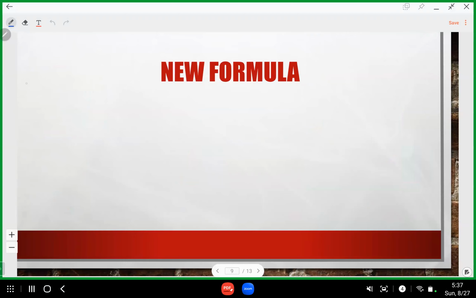We now have a couple of different formulas. This is when the vertex is moved, right?